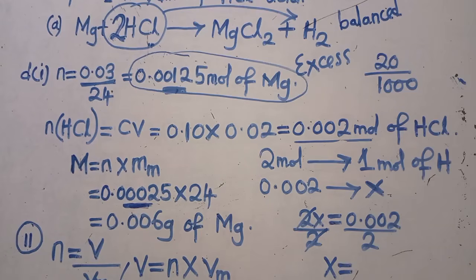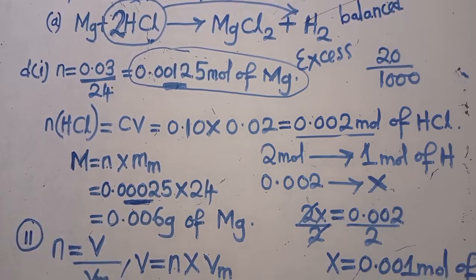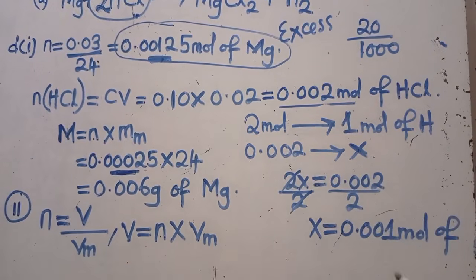I guess you are able to connect these things. So we say 0.002 divided by 2. What is the answer? We are getting 0.001 moles of hydrogen.